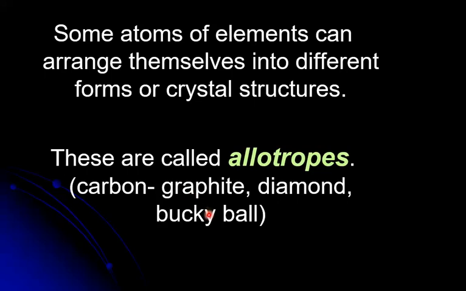Buckyball, I'm not sure there's really a use for that, but the crystal structure for a buckyball would be like a soccer ball. The orientation of the atoms makes such a shape that it looks like a soccer ball. They're all made of carbon atoms, but the way those carbon atoms are bonded is different, and that's what makes those allotropes.